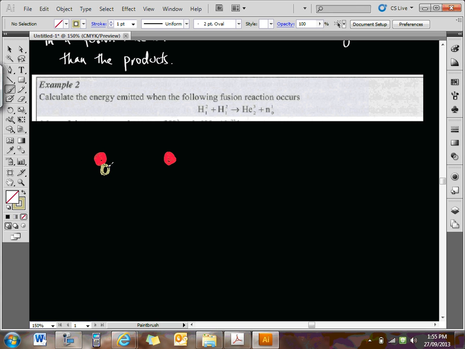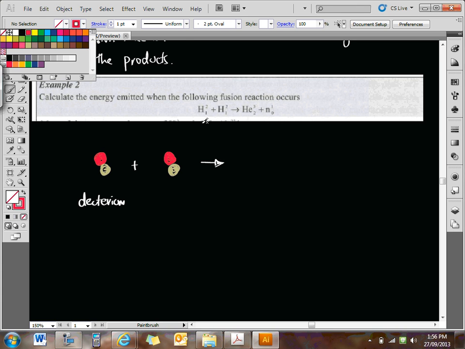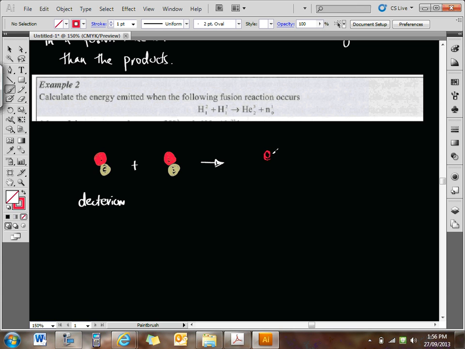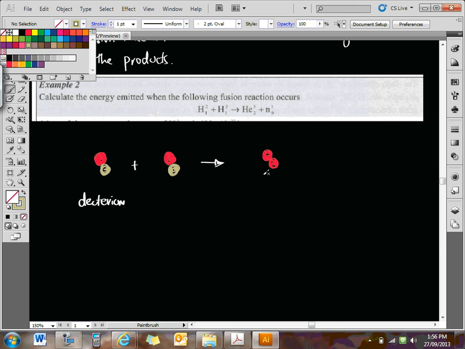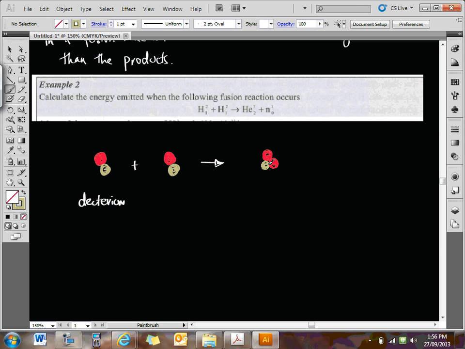So we have deuterium, plus deuterium reacting to form, not a chemical reaction, a nuclear reaction, to form helium-3. So we'd have two protons in the nucleus because it's helium, and we'd have a neutron as well.